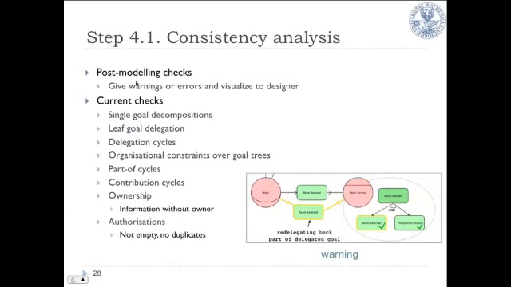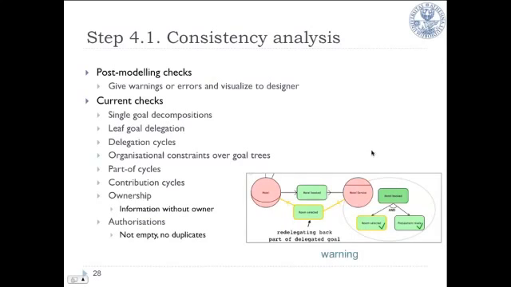And we have a number of checks that we perform, such as single goal decompositions. We support goal decompositions of a goal, refining it into at least 2 sub-goals. So a single goal decomposition would be an error. Leaf goal delegation checks that the designer has actually delegated a leaf goal. As I explained in the beginning while talking about goal decomposition, we do not allow delegating, for instance, hotel book, but we allow only delegation of leaf goals.